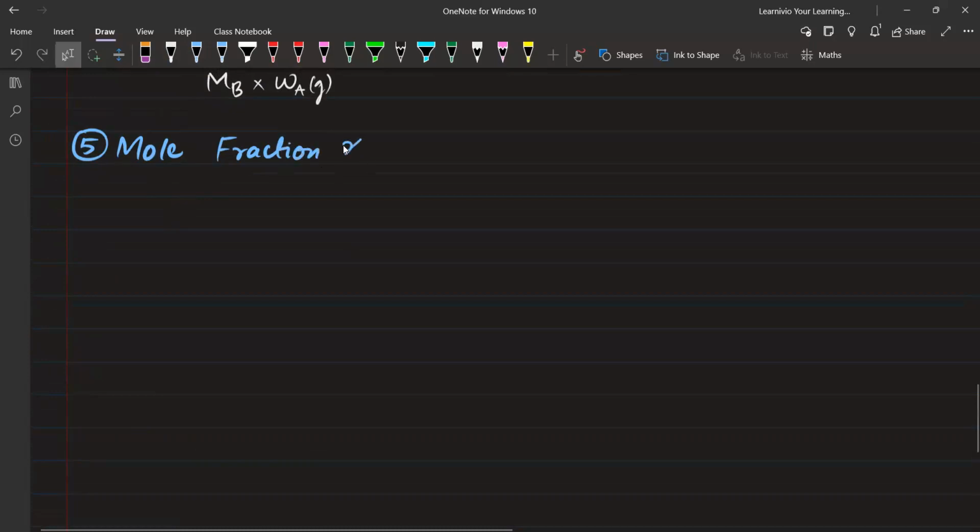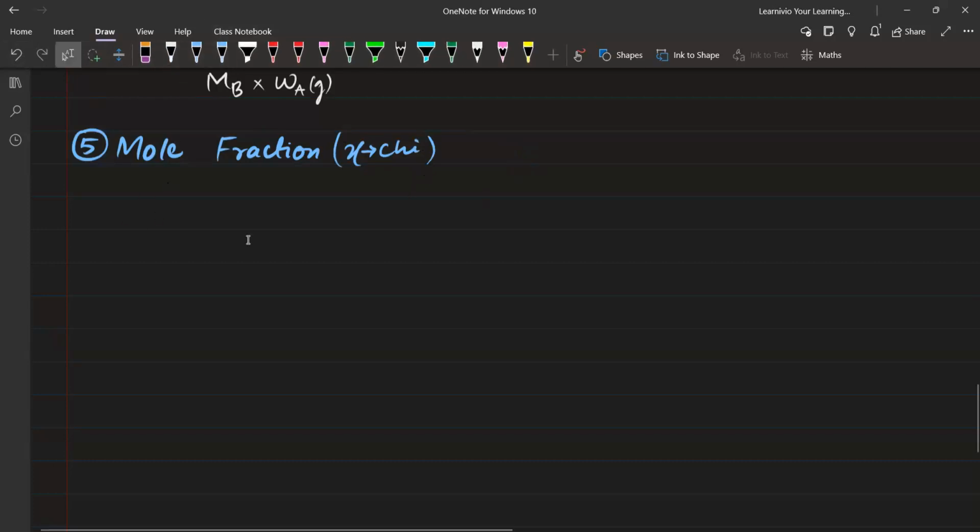Mole fraction is represented by the small letter chi. It's the Greek letter, which is something like X and C, that is why it looks like chi. Now, what is mole fraction? Please write this with me.